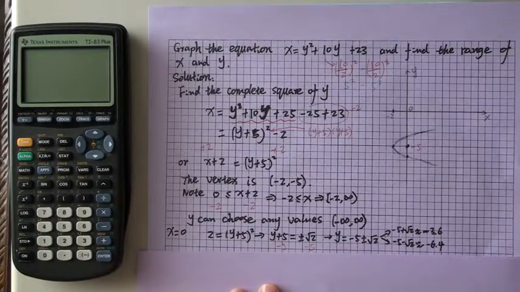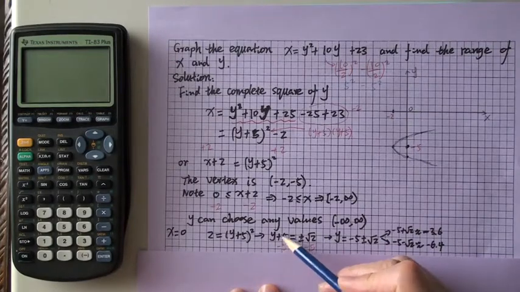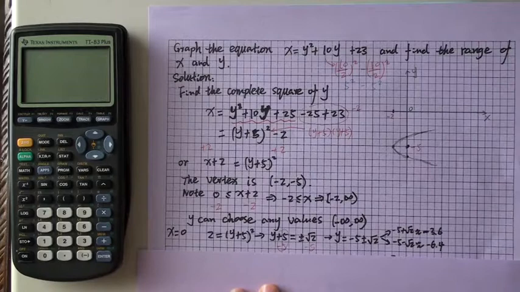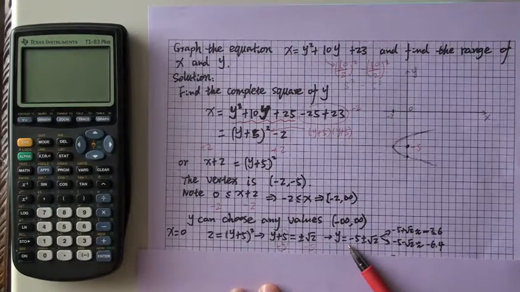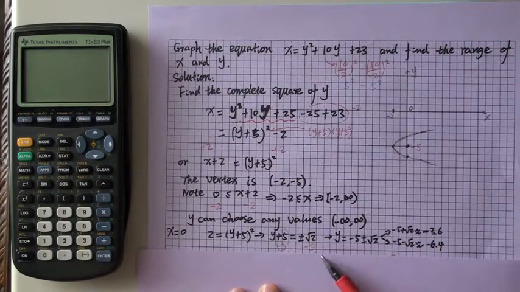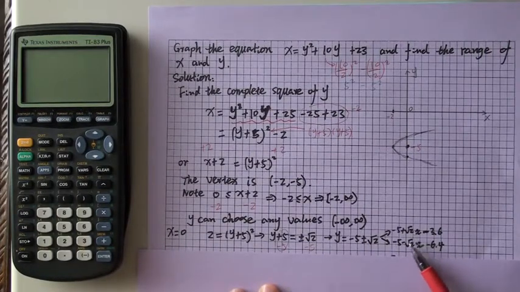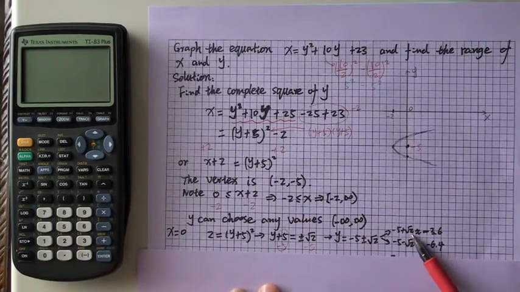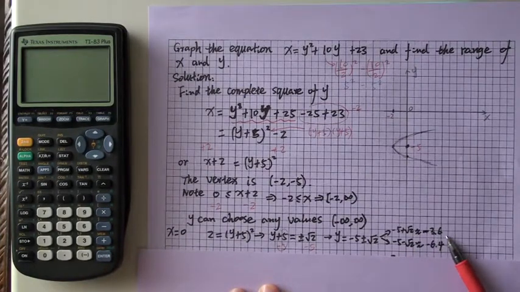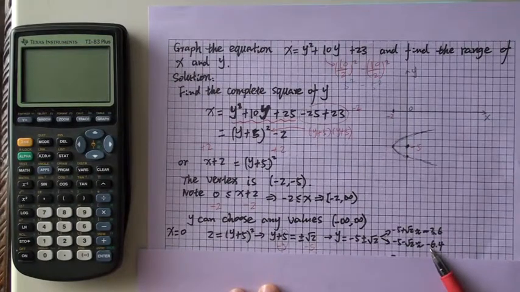So you subtract negative 5, and then you have y standing alone equals negative 5, that's the one here, plus or minus radical 2.